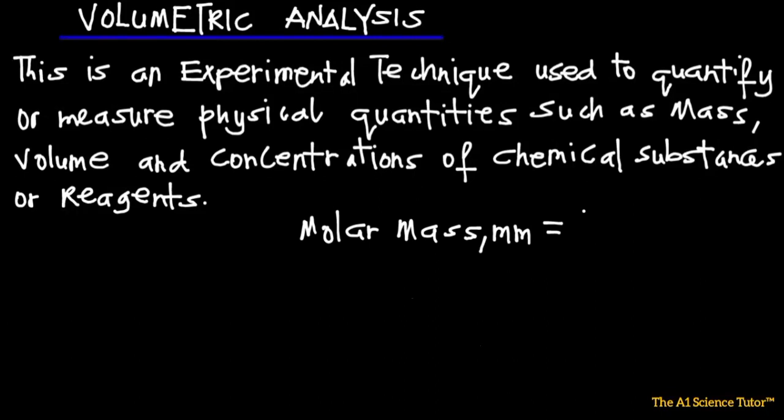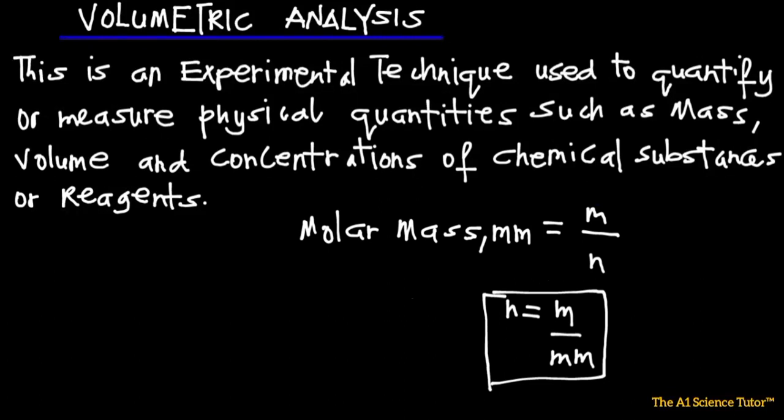That is mass, meaning reacting mass divided by the number of moles. If you switch these places, you have n equal to m divided by mm, which is where they found the formula for number of moles.